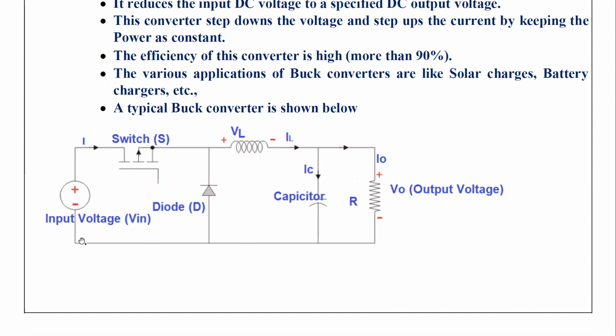It has input voltage Vin and switch S, diode D, inductor L, capacitor C, and the resistor R, the output or load resistor R. The inductor and capacitor are used for filtering the ripples in the output, the diode D is used as a secondary switch, and the switch S is the primary switch. What is the use of the switch here?